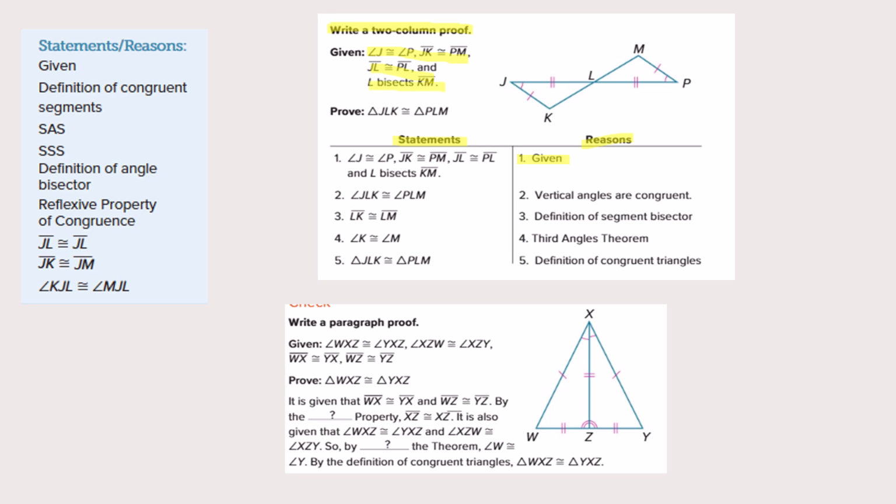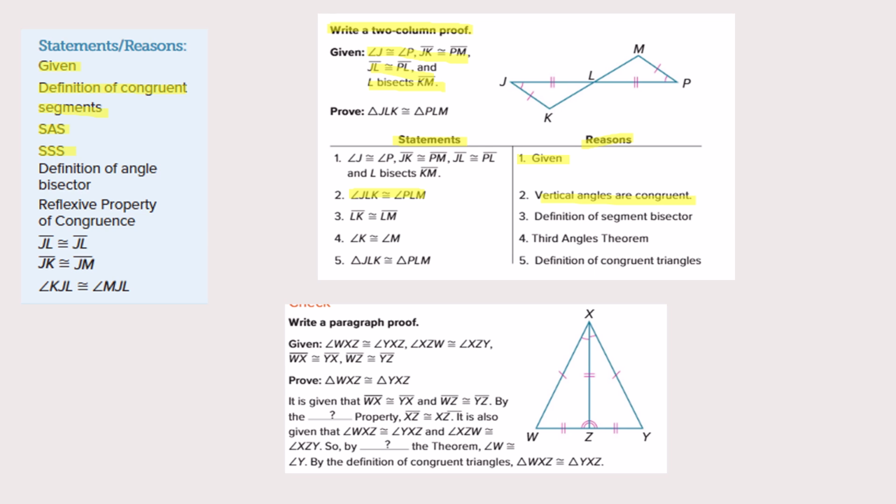And thereafter, you go on to use the information that you are able to get from your diagram. So you write the statement and write the reason. So some of these possible statements and reasons are: given, definition of congruent segments, side, angle, side, side, side, side.